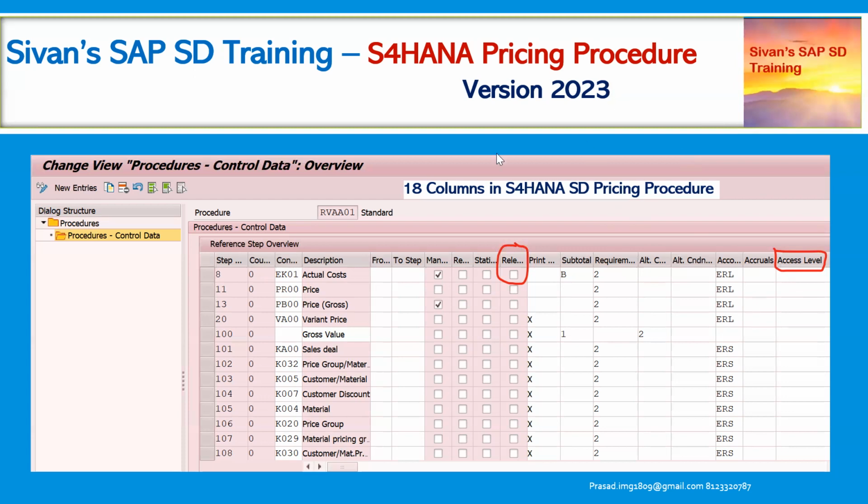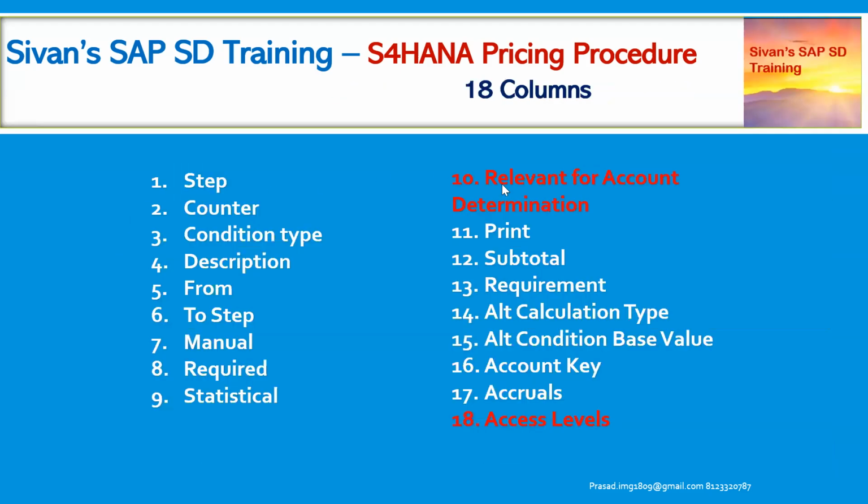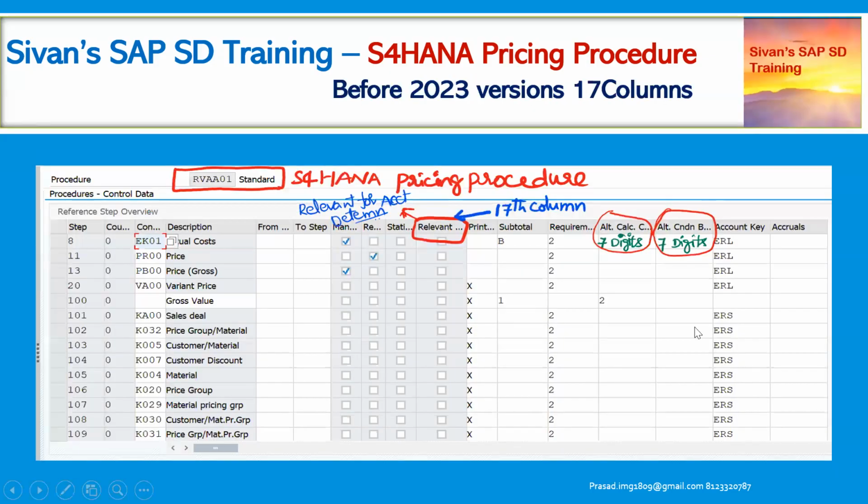It is available from the 2023 versions onwards. The earlier versions have 17 columns, which I will also show you. These are the columns we have already seen in the system in the previous slide. And this is the version before 2023, with only 17 columns.